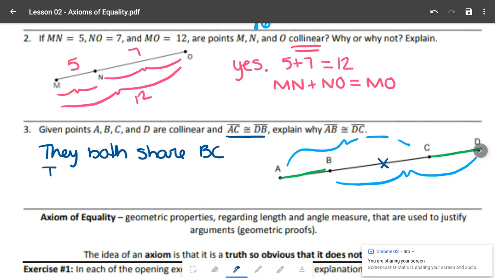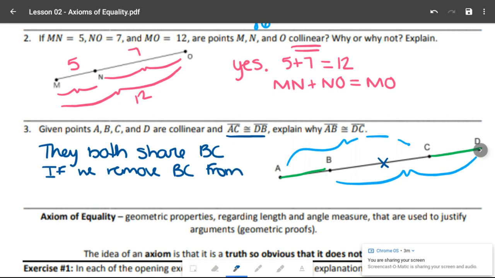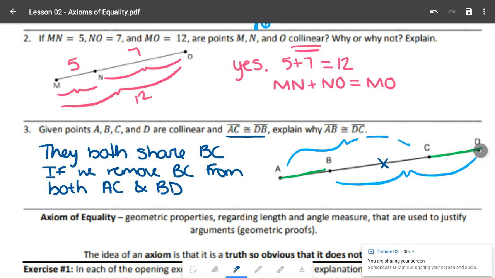So if we remove BC from both AC and BD, then we'll still have two congruent pieces of AB being congruent to CD.